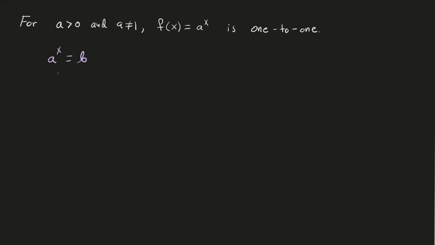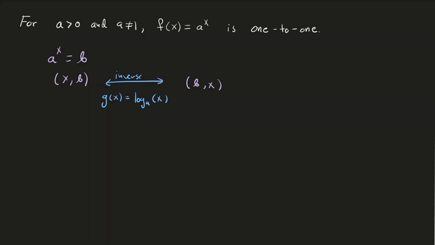And so this would correspond to the point x comma b. So then the inverse will correlate to the point b comma x. And we define the inverse as g of x is equal to log base a of x.